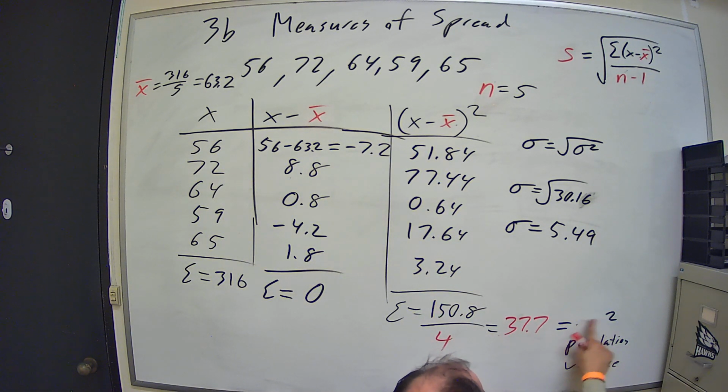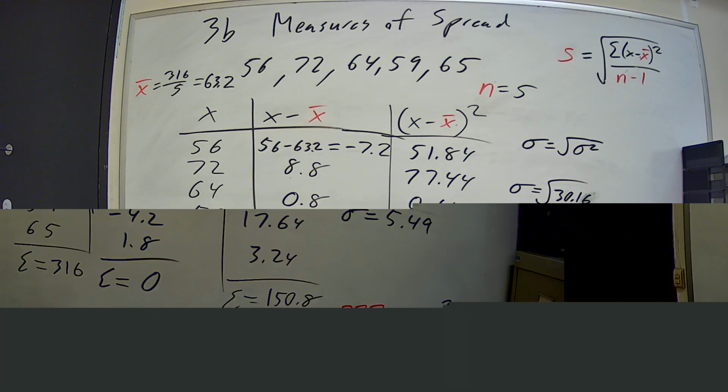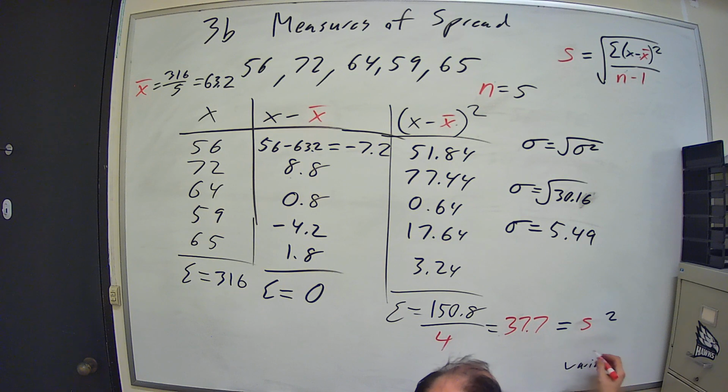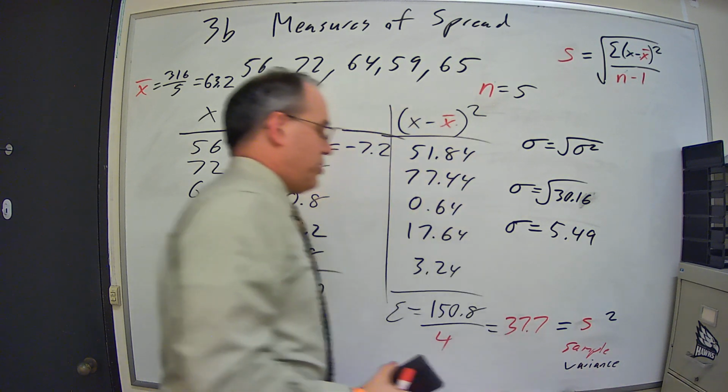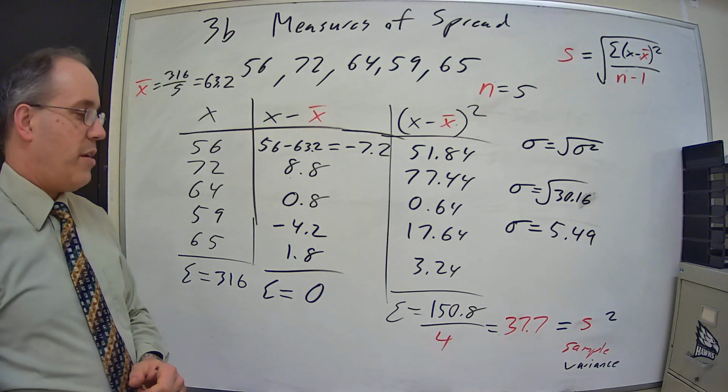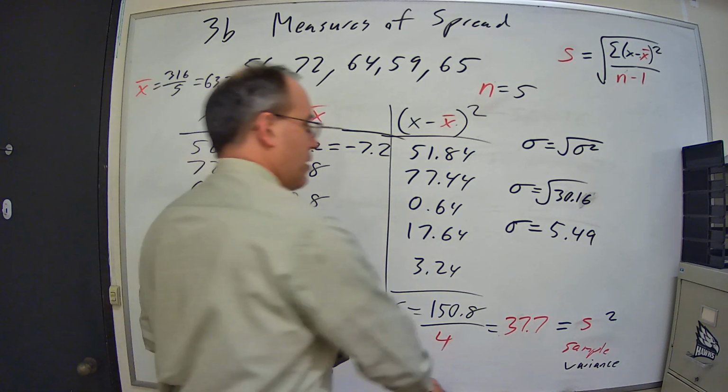And that gives us not the population variance, sorry, but the sample variance, which is s squared. So the sample variance, s squared, is 37.7.